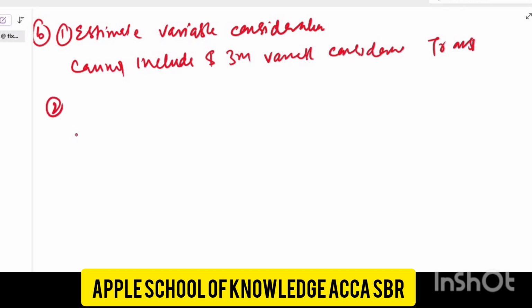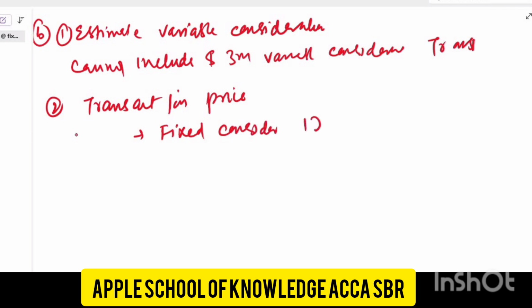Then after that you have to calculate the transaction price, and the transaction price is, number one, fixed consideration, and that is 12 million.